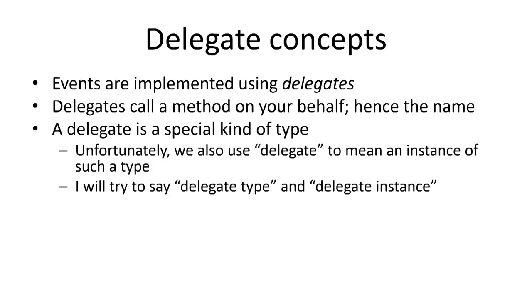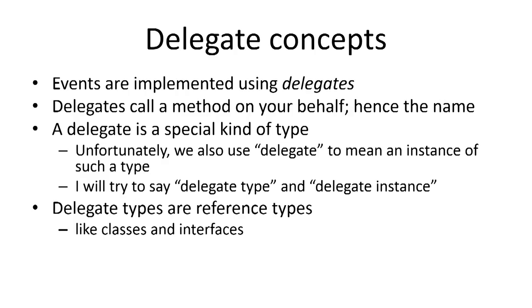And a delegate is a special kind of type. Now, unfortunately, we use the word delegate to mean both the delegate type and a particular instance of a delegate type. And that can be very, very confusing. So I'm going to try to say delegate type when I mean the delegate type, and I'm going to try to say delegate instance when I mean an instance of that type. I may slip up, hopefully not.